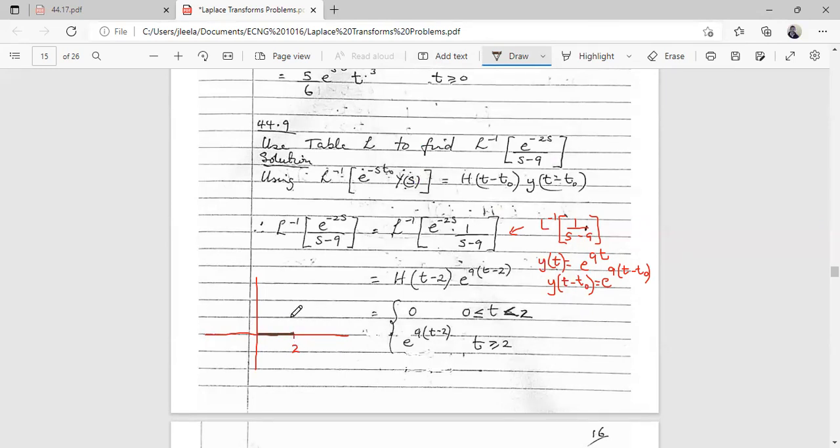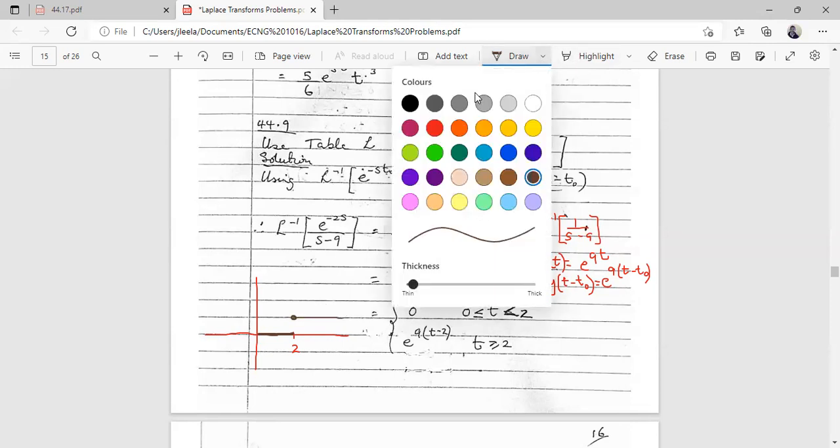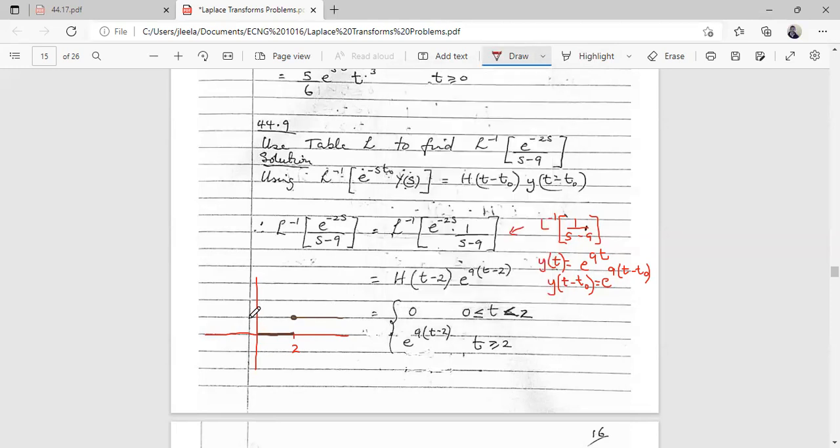And once you pass 2, the function goes up by 1. So from here, it will be defined to be 1. If I put 1 here, this is your h(t) axis and this is your t axis. So anywhere from 2 and under, it will be 0, and anywhere from 2 and beyond, it will be 1.